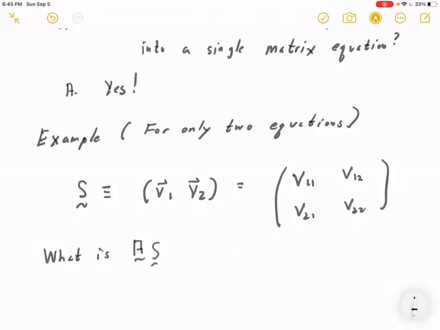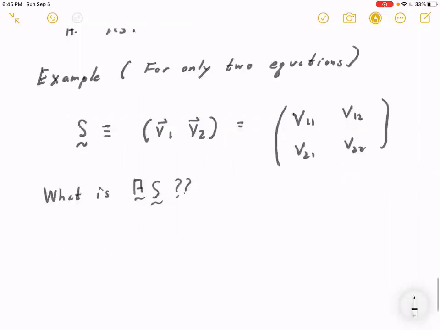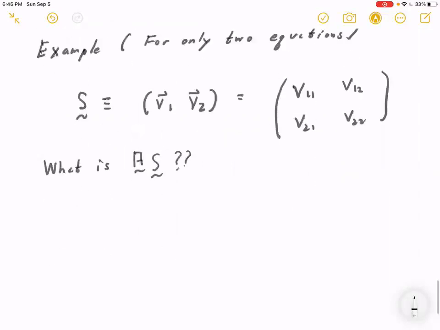What happens if I take the matrix A and multiply it by the matrix S?